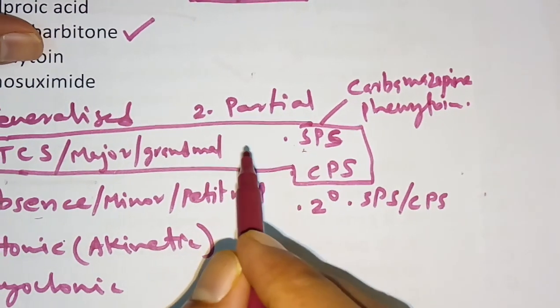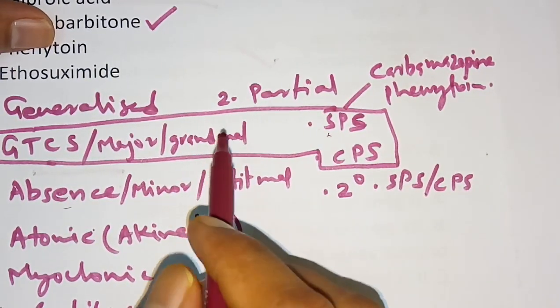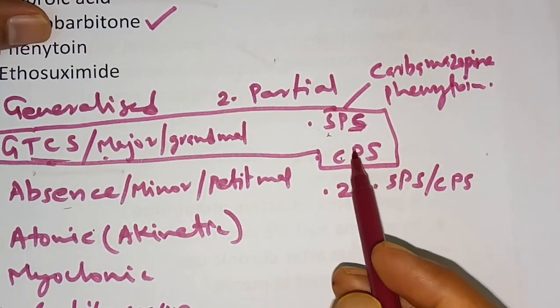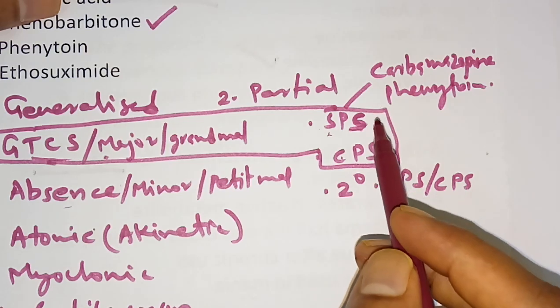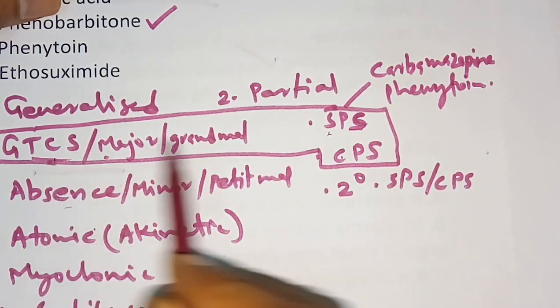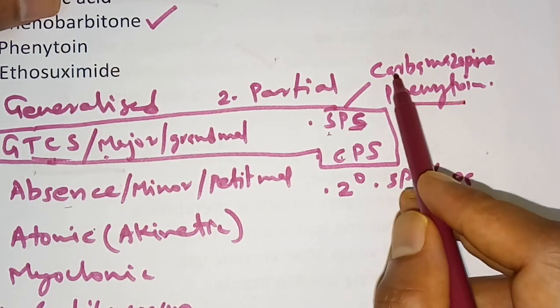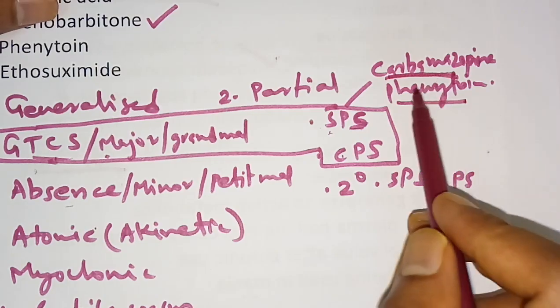The only use of phenobarbital as an anti-epileptic is in GTCS or simple partial seizure, and it is not the first choice drug but the second choice. The first choice drugs for GTCS, SPS and CPS are carbamazepine and phenytoin. Carbamazepine is the first choice drug.